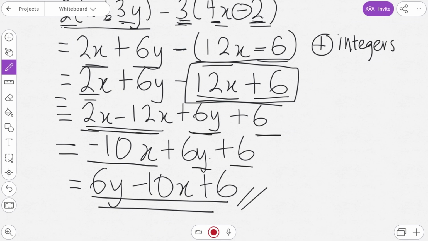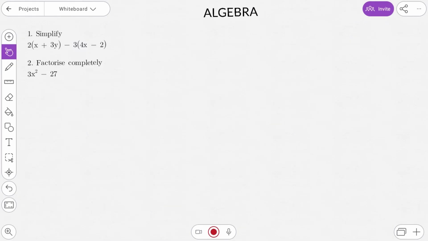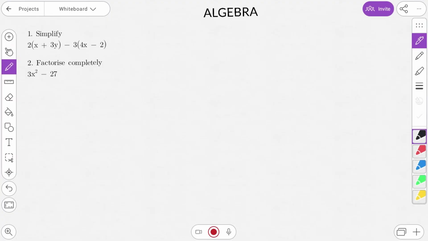You can leave it as such. So we move on to the next question, which is the second on our list, which has to do with 3x squared minus 27. And they said we are to factorize that expression. So without much ado, let's get started.